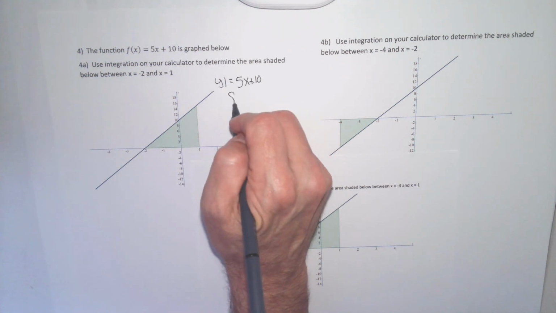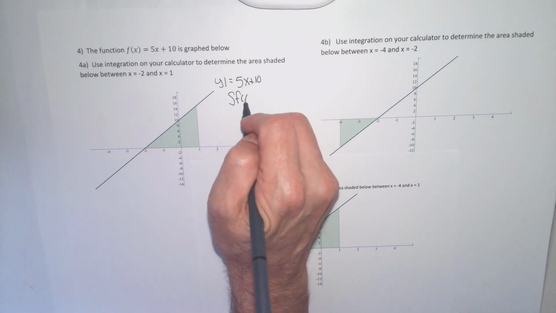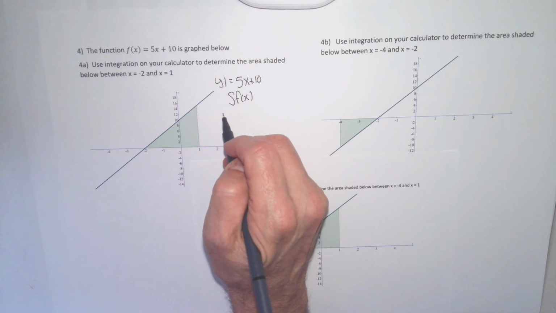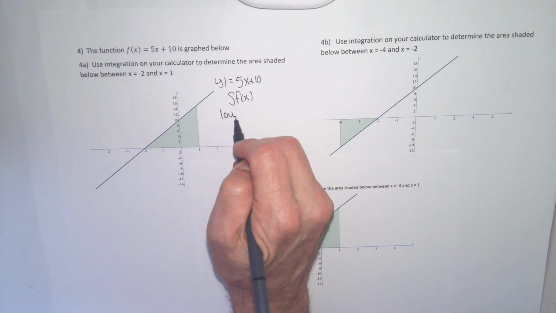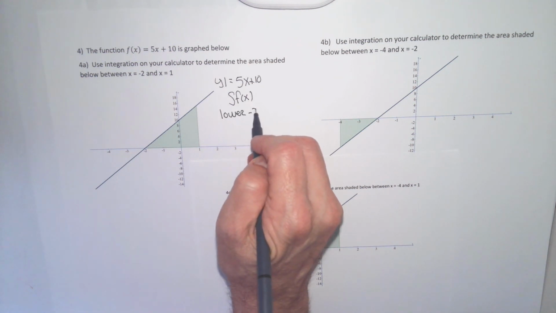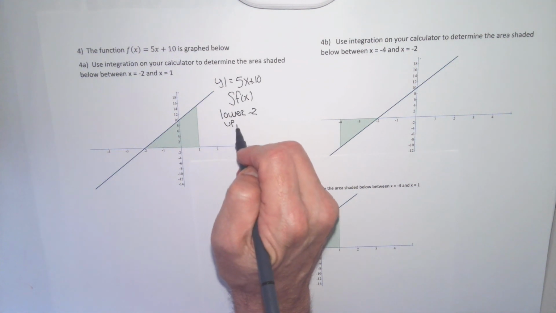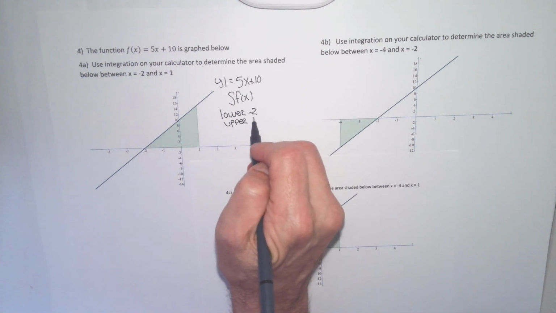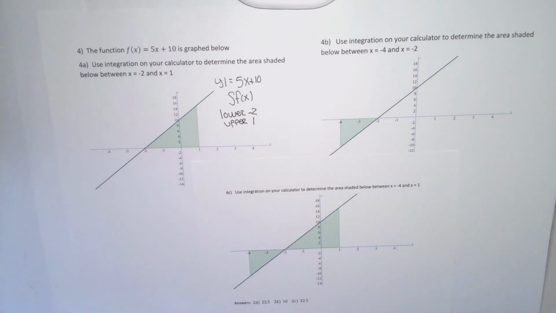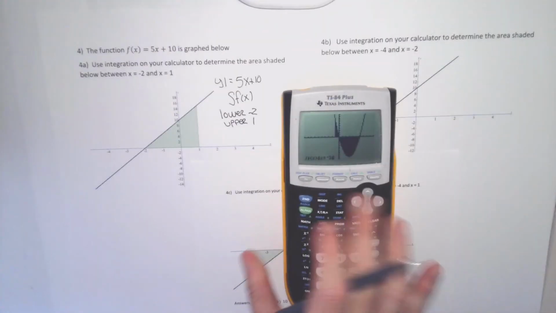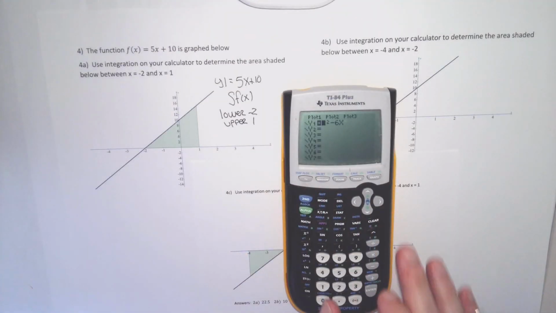and I'm going to activate that f of x dx because it tells me I could use my calculator. And I'm going to do lower -2, upper +1. The answer is going to be positive, so I'm not going to need to do a thing to it. So y equals 5x plus 10.